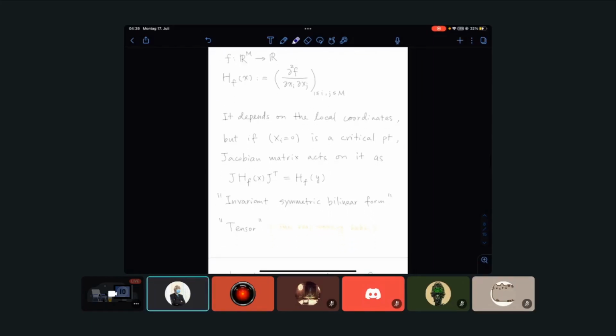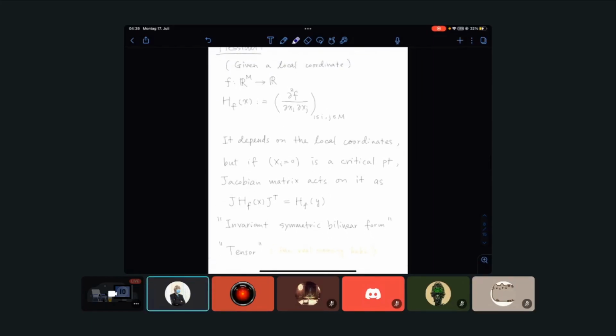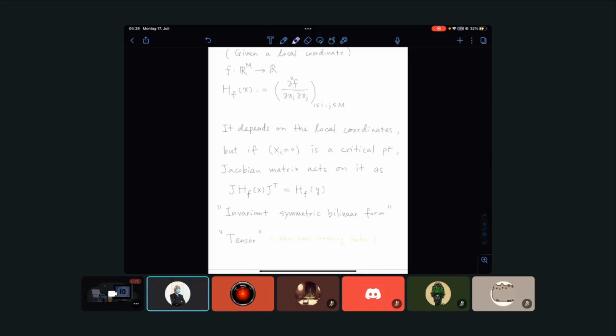However, if we are looking at the Hessian at the critical point, the Jacobian matrix will act on it: we put the Jacobian in the front and put its transpose at the back. I actually forget what it's called, because I learned all this stuff in China. But anyway, it makes a sandwich, and then we get a new matrix.